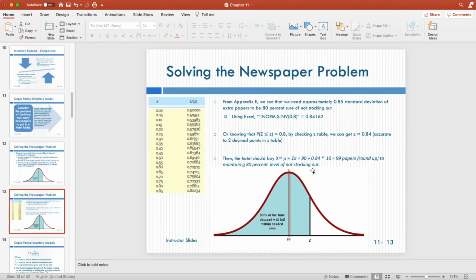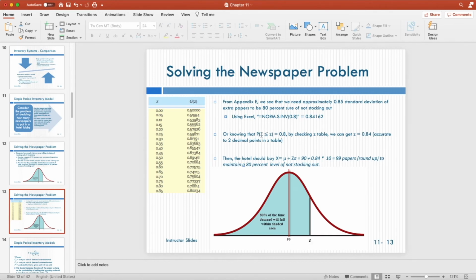Using the z table to get the specific value is also very simple as long as you understand how to do it. It's just a checking process, and it probably takes just a few seconds. I will lead you through getting this specific value within the z table in a second.